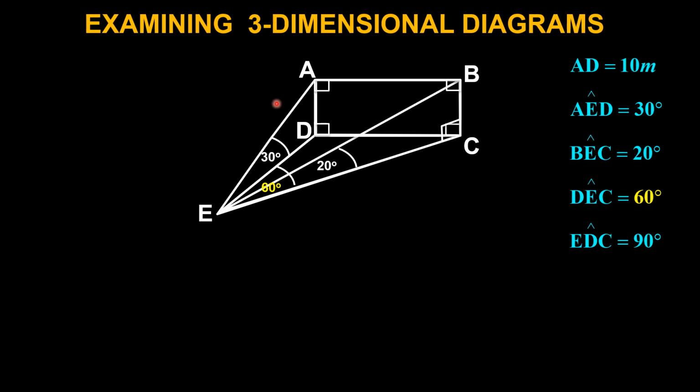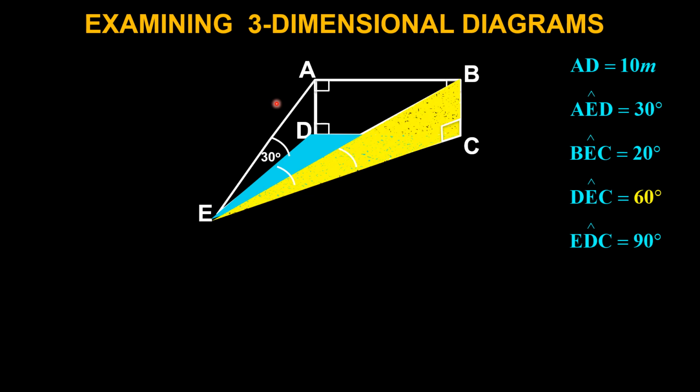So let's identify the triangles that we see. Let's start with the horizontal. There is one in the horizontal plane, that's DEC. Then we have one in the vertical, the one right in front, that is triangle EBC. And then we have another one in the vertical plane, EAD.